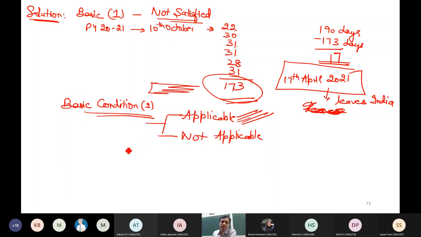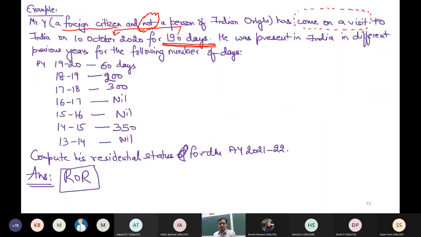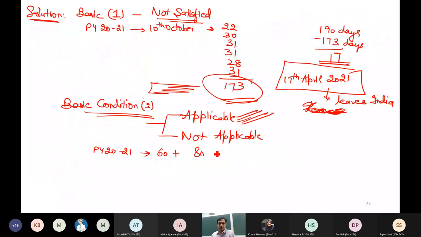And since it is applicable, it is satisfied, because in the previous year 2021 the presence is 60 plus, as well as in the last 4 years the presence is 60, 200, 300, plus nil.